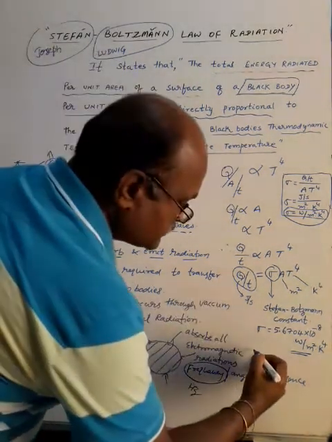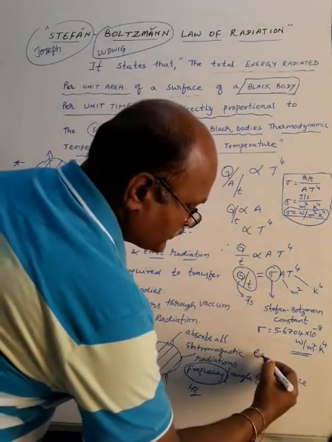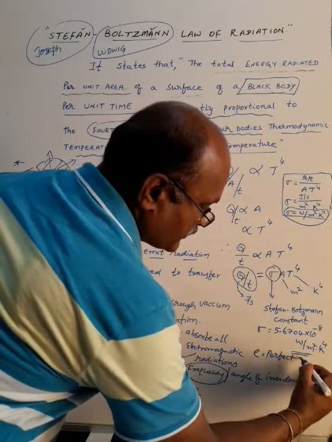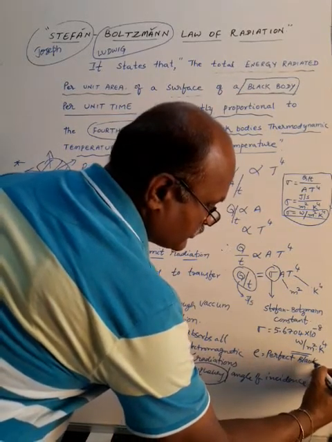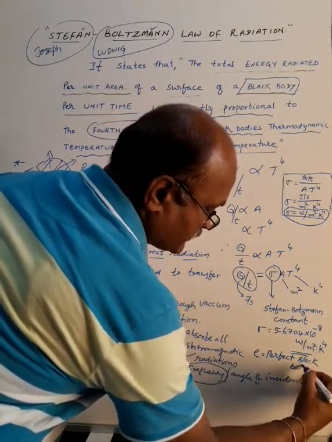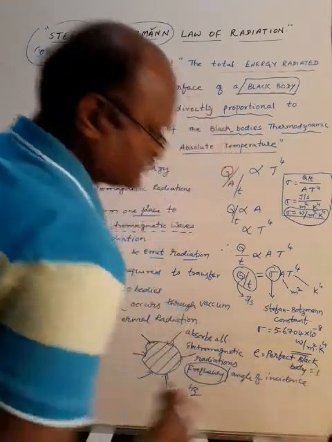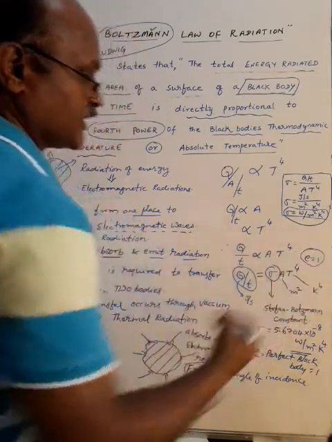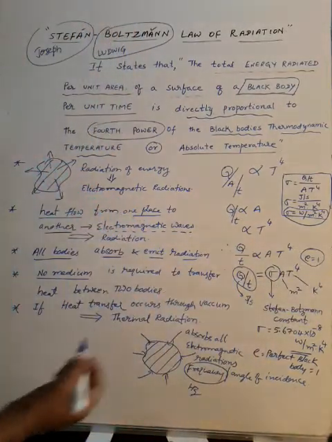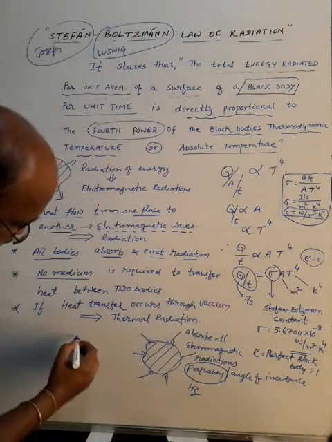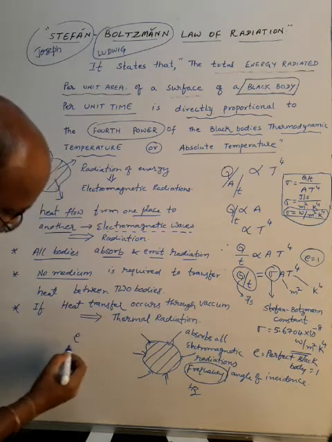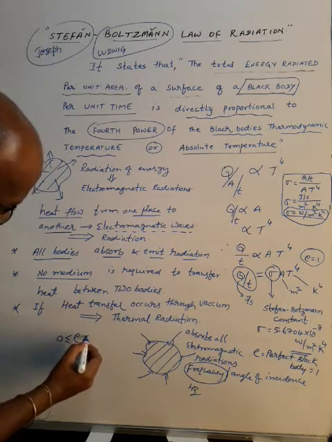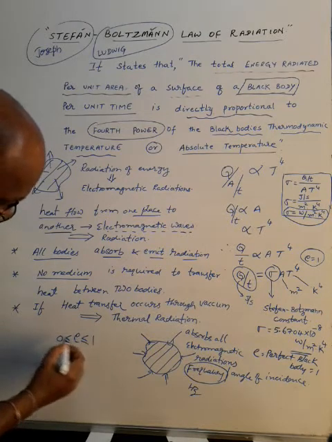Here the emissivity of a perfect black body is equal to 1. That means in this case E is equal to 1. If E is not 1, for other substances or bodies, E is greater than or equal to 0 and less than or equal to 1.